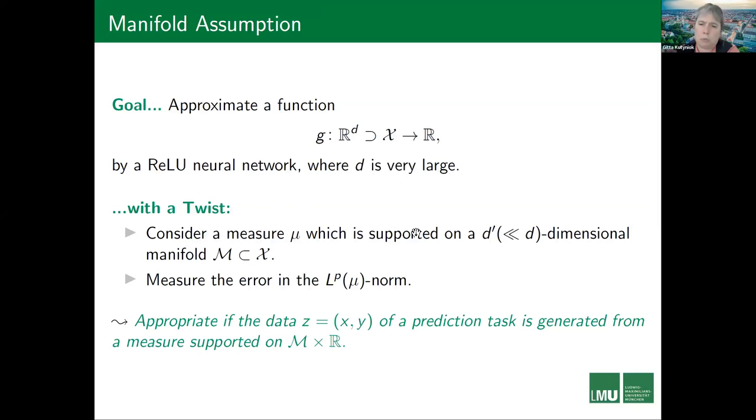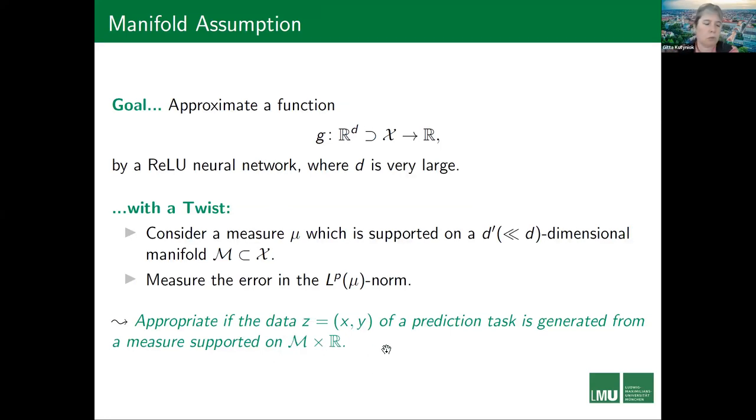Let's assume I have a measure which is supported on that, and then I measure the error in the L^p of mu. That's, in a certain sense, consistent with the prediction task, where the data is generated by a measure on M times R.